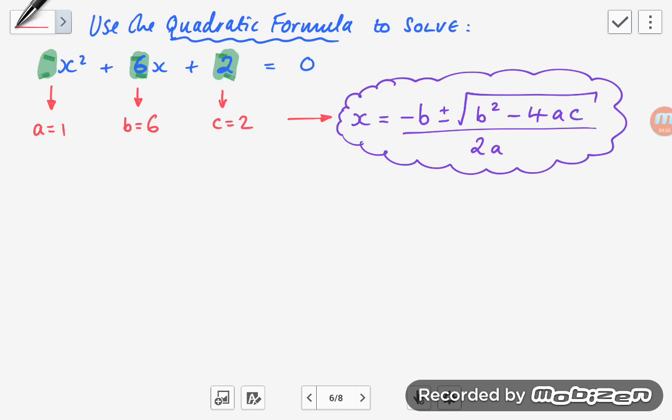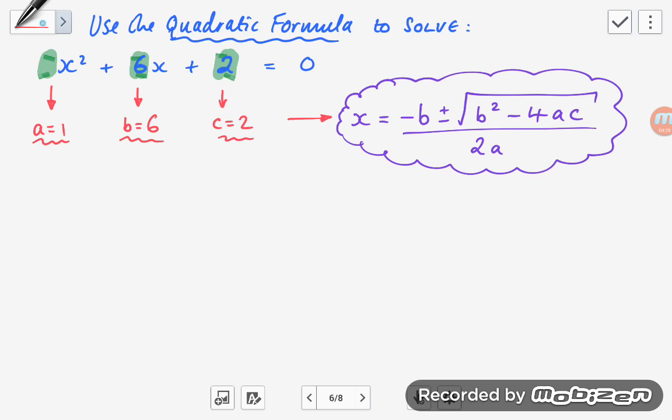And you can see in green, I've highlighted the coefficient of the x squared, the x, and the integer, and I've written those answers in red. I'm going to call them A for the coefficient of the x squared, B for the coefficient of the x, and C for the number on its own.